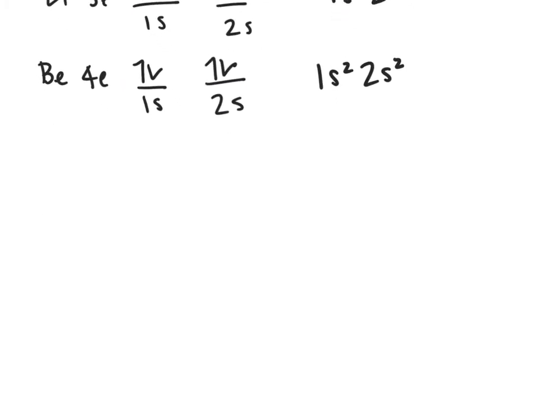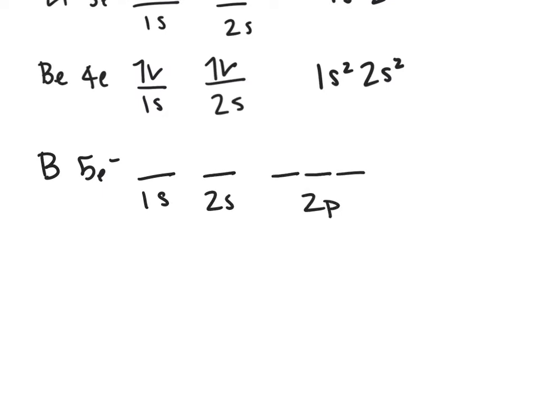And so let's look at a couple more. For boron, which has 5 electrons, 1s, 2s, 2p, 1, 2, 3, 4, 5. Now you could have selected any of these p orbitals to put your single electron in.